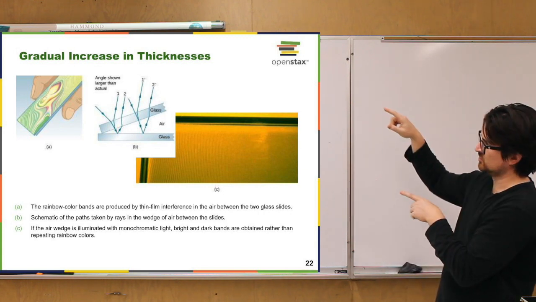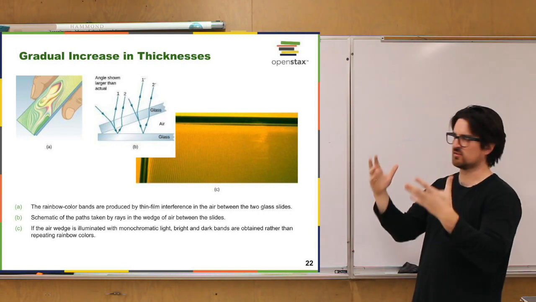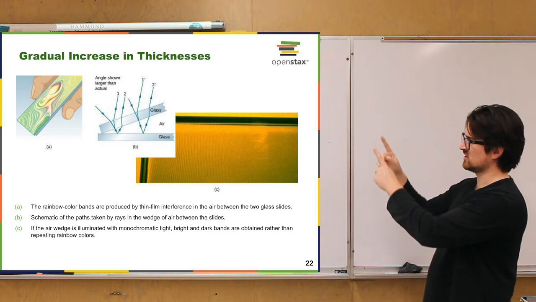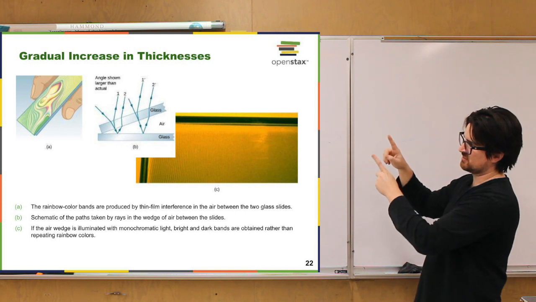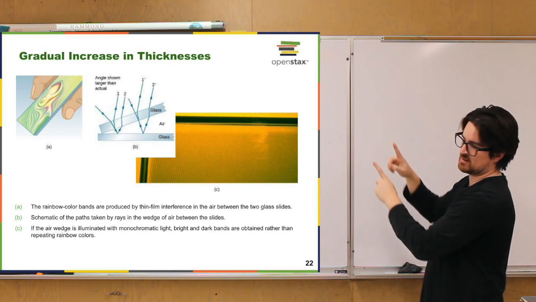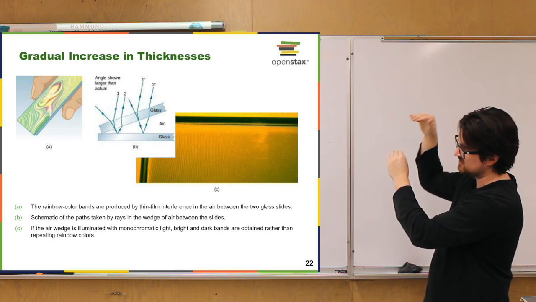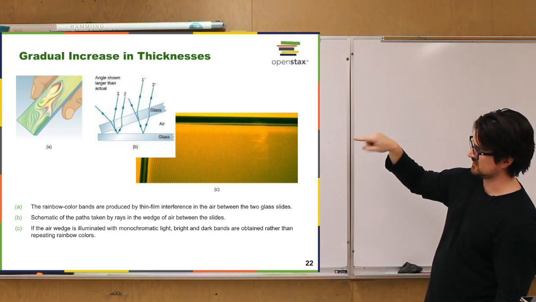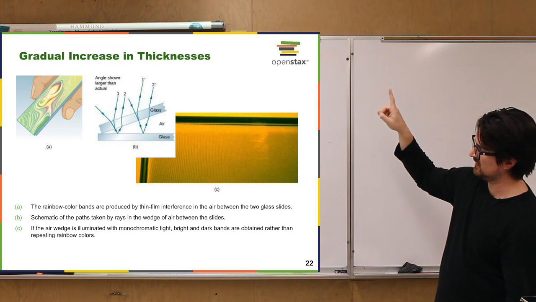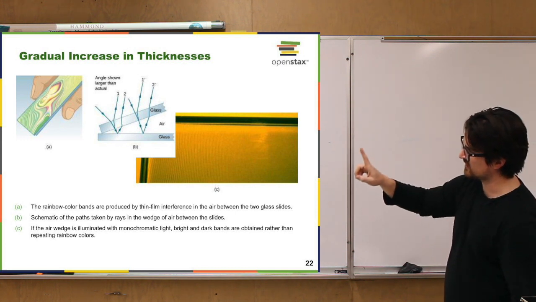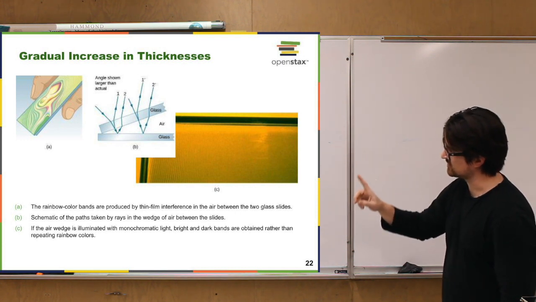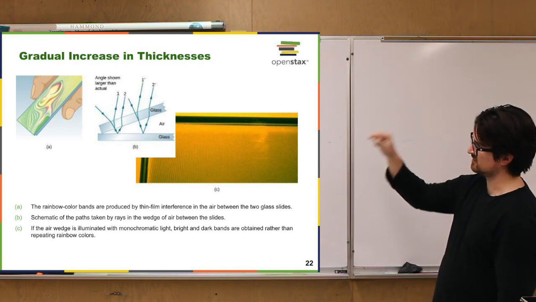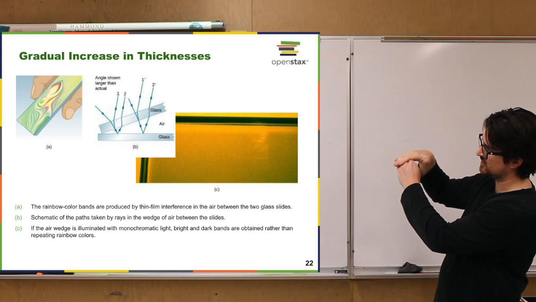So you can kind of understand this pattern that you see in this situation by thinking of some light rays coming in towards the top of that top piece of glass, and say thinking about that first light ray on the left in figure B. That first light ray comes in, refracts, and then that refracted ray will reflect from the bottom side of that glass, an air boundary, right?